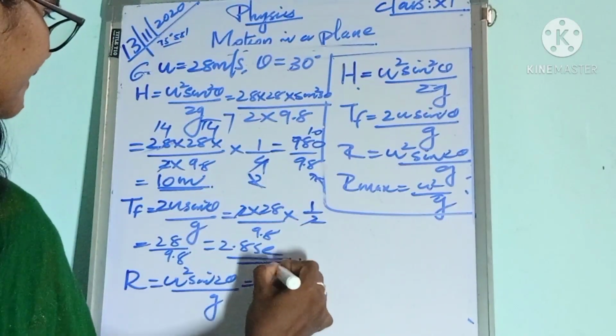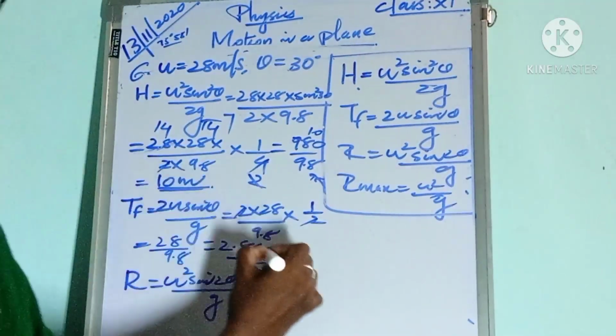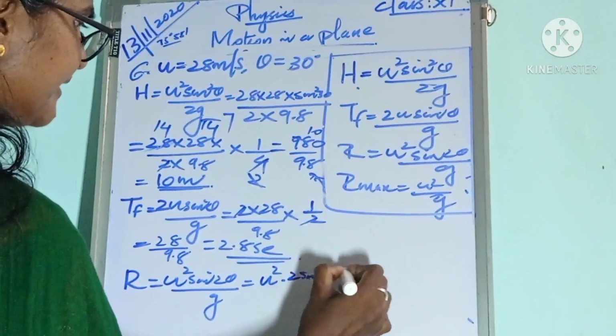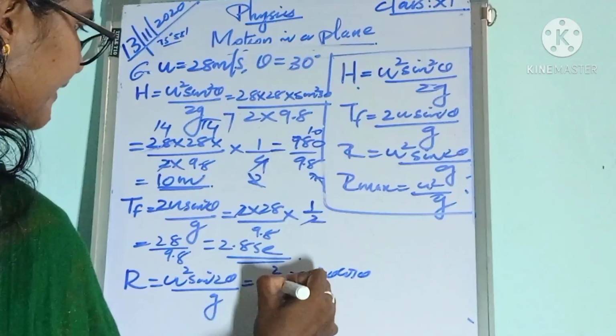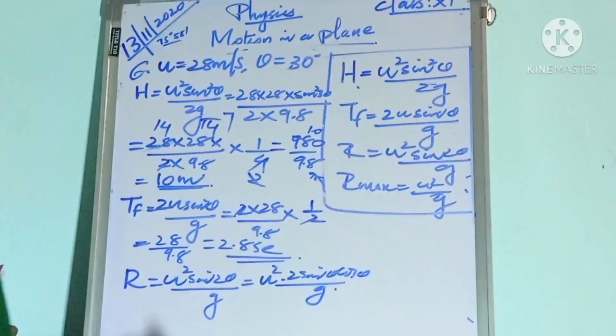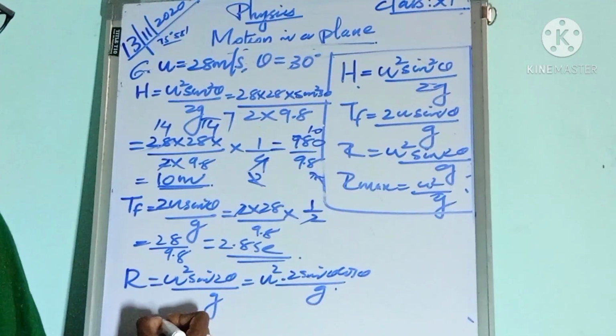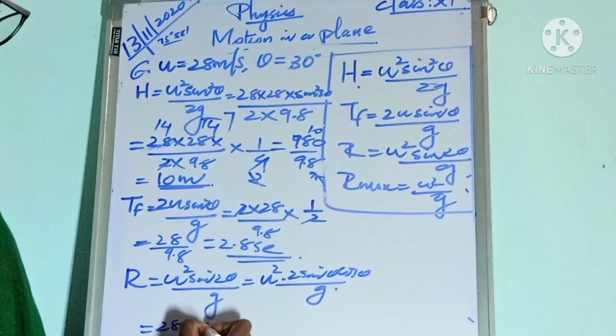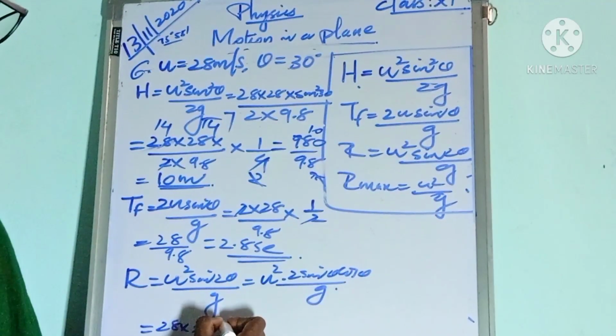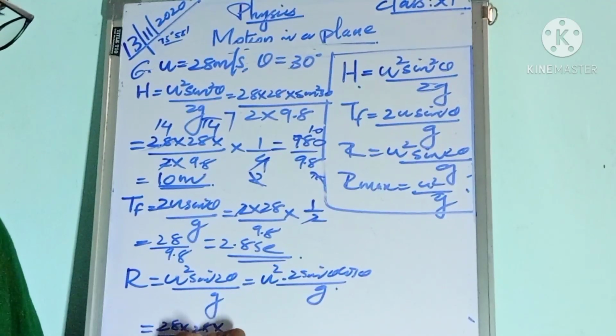Sine 2 theta can be written as 2 sine theta cos theta, divided by g. Here u square is 28 into 28, divided by g, that is 9.8.